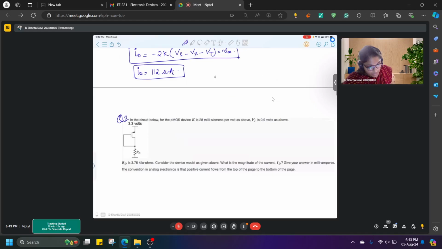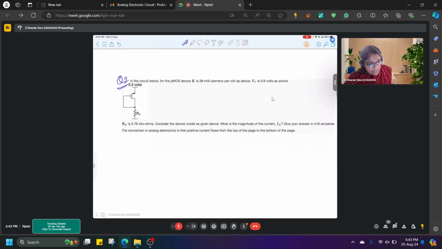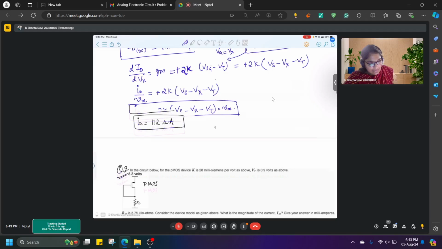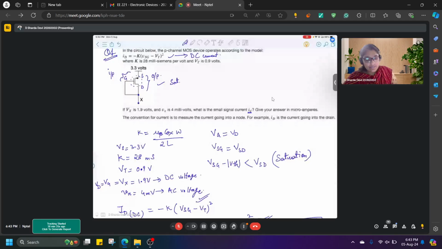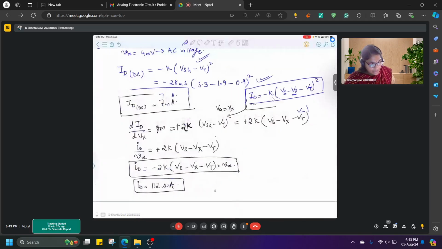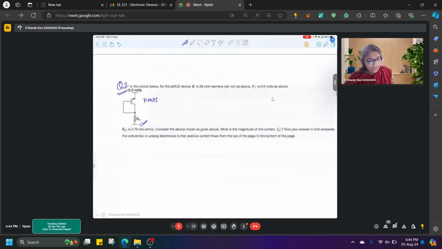So, moving on to the next problem, question number 2. In this, again, it is a CMOS. In the previous problem there was no extra resistor on the drain side, but here you have this RD present.